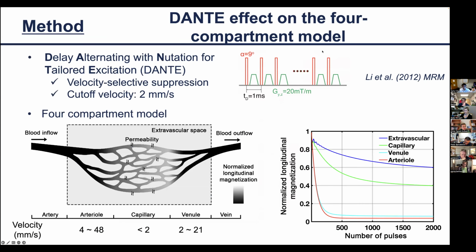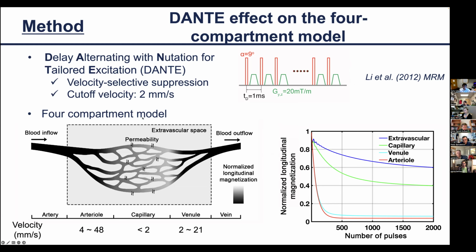So how do we do this in the scanner? To acquire this signal, we will basically have 2 acquisition conditions. One is the blood-nulling. For the blood-nulling, we use a DANTE pulse, which is a velocity selective suppression module. It can suppress blood if the blood is flowing faster than 2 millimeter per second.